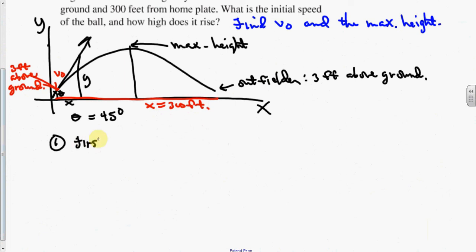First, find the initial velocity, and then use the initial velocity to find the maximum height.